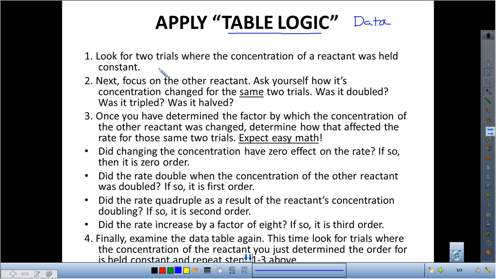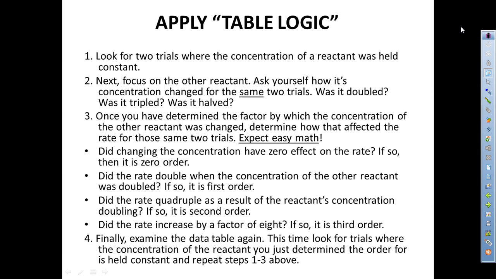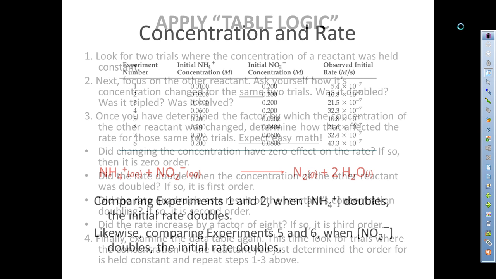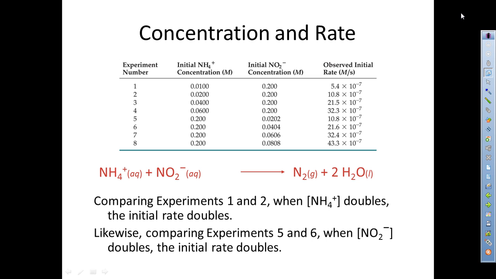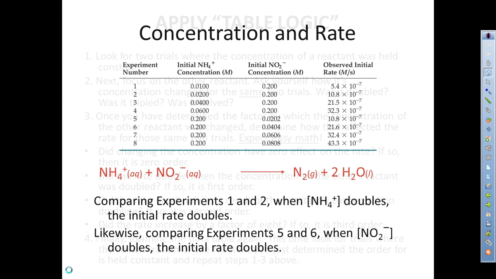And I'm going to walk you through a couple of practice problems so you guys can get a good idea of this. But you want to be able to identify what's happening to your reaction as you're changing your concentrations.